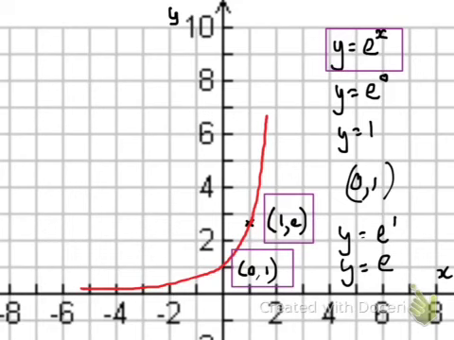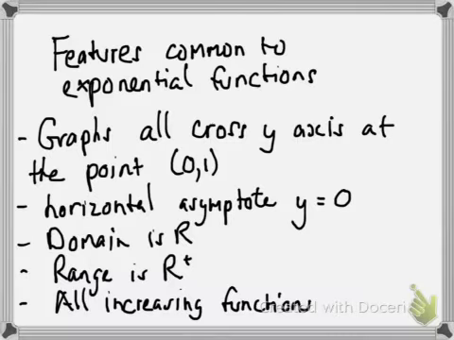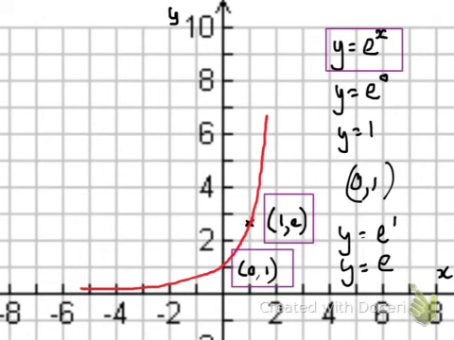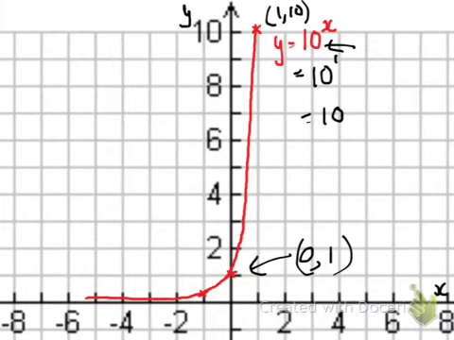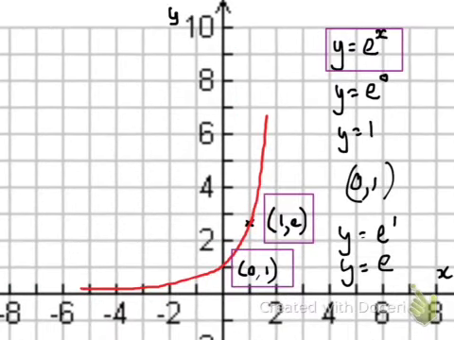If you want to stop at this stage and get some notes around those three graphs, feel free. Features common to those exponential functions: they all cross the y-axis at the point 0, 1. I've pointed that out because anything to the power of 0 is always 1. They don't dip into the negative, because there's no x value that we can put in any of these graphs, whether it be 10 to the x or 2 to the x or e to the x, that's going to give us a y value of a negative number.